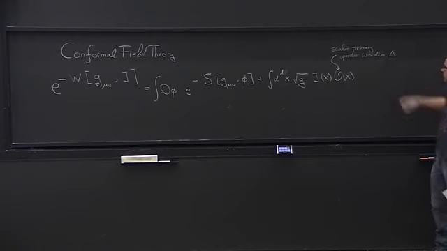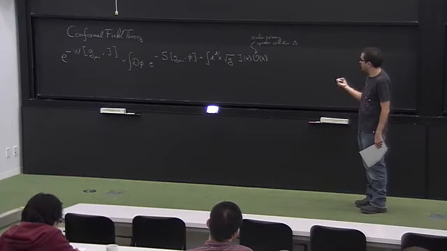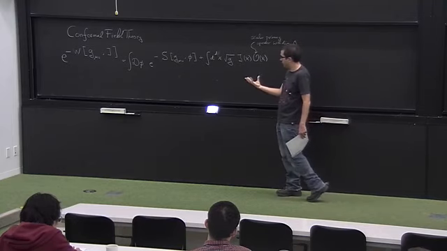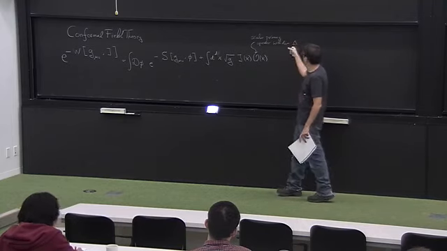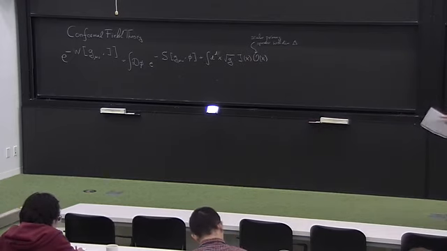This O has dimension delta. So it means that under dilatations it transforms with a power of how much you dilate, to some power delta. It tells you how it reacts to dilatations.